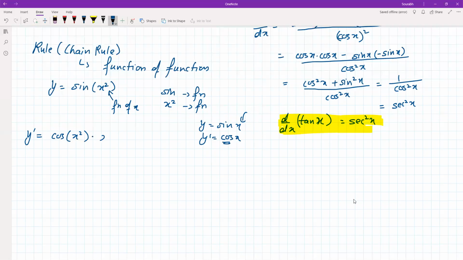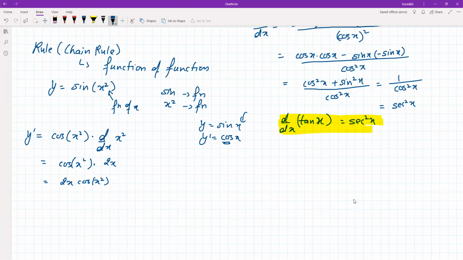And then you differentiate x square with respect to x. So what will be this? This will be cos of x square into 2x. Or in clean way, you can write 2x cos x square. So this is called chain rule.